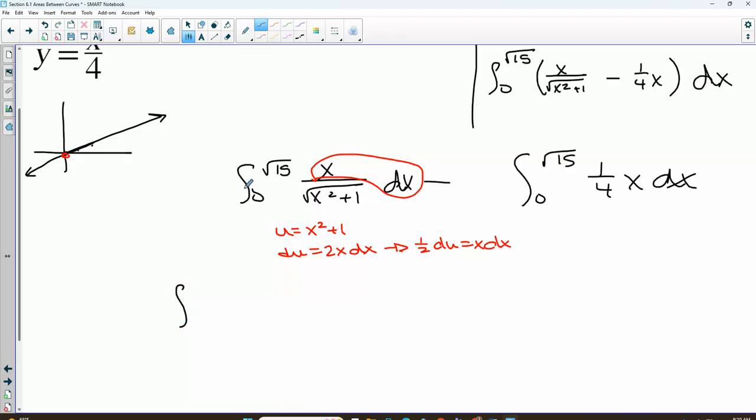So that problem becomes, I'm going to go ahead and change my limits. If I put in a 0 for x, 0 squared plus 1 is 1. If I put in radical 15, squared is 15, plus 1 is 16. And I have 1 over the square root of u, so I'll write that as u to the negative 1/2. And then I have a 1/2 du.